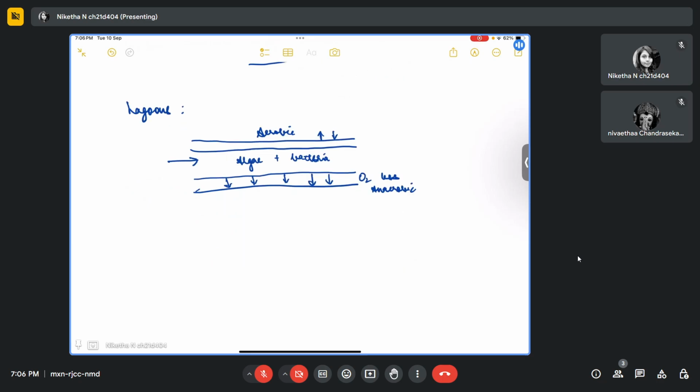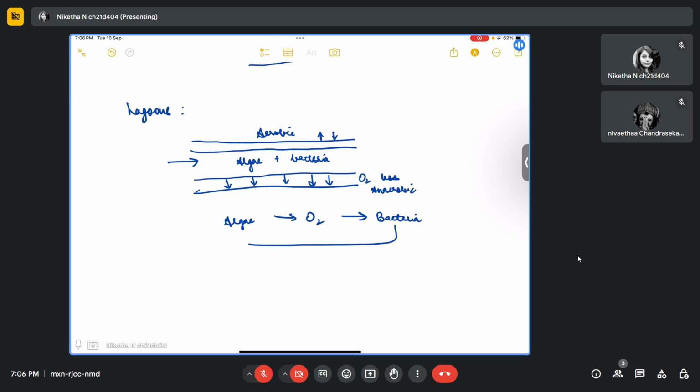Algae will supply oxygen, which will be taken up by the bacteria, and the bacteria will in turn give CO2 after degrading the waste. That will be taken up by the algae for its own growth. So like this, the cycle will be repeating, and both algae and bacteria will be coexisting.